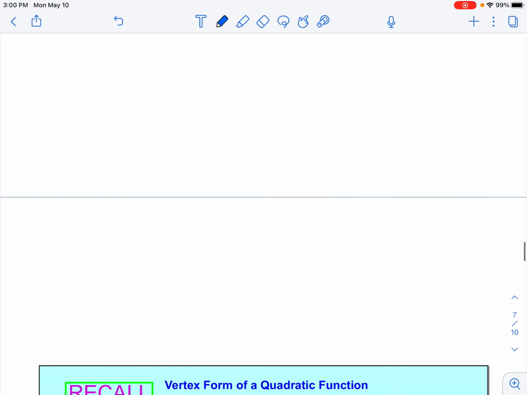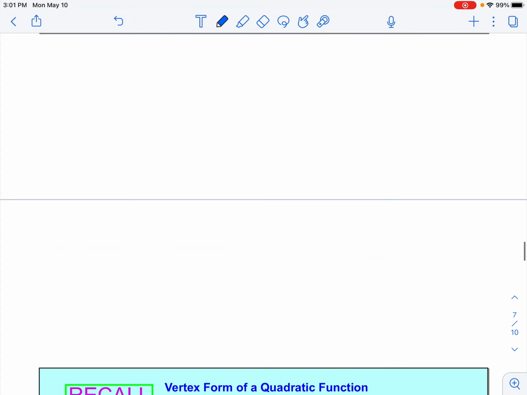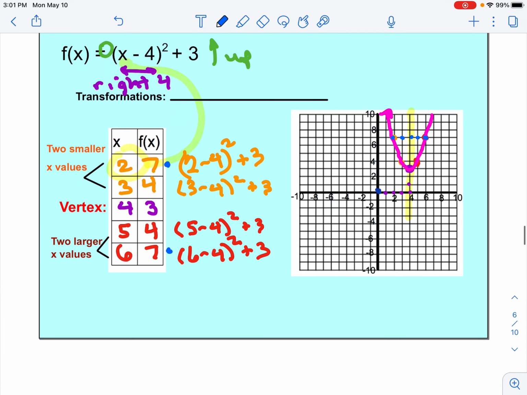All right. So these are the notes to remind you of what the axis of symmetry is. The axis of symmetry is the h value of the vertex, okay? So your axis of symmetry, if we go back to this one, goes through the same point right here as the x value of your vertex.